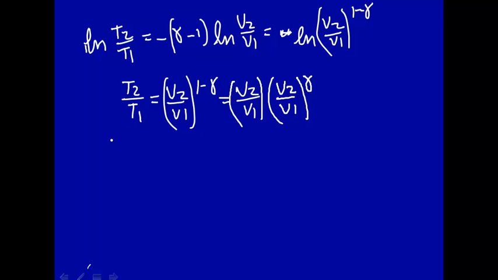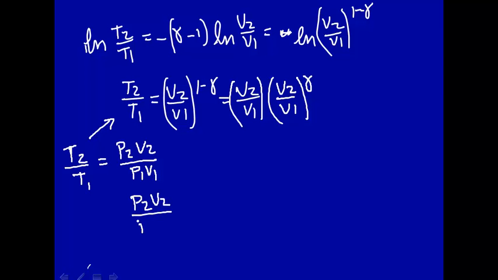Now, we have an ideal gas, so T2 over T1, at constant number of moles, which we already assumed, is just P2 V2 over P1 V1. So plug this expression in there.